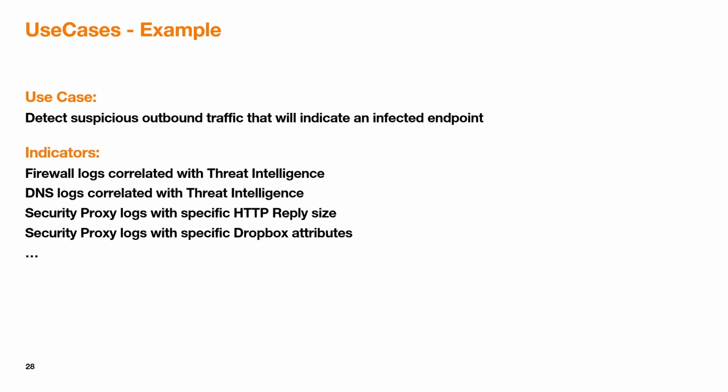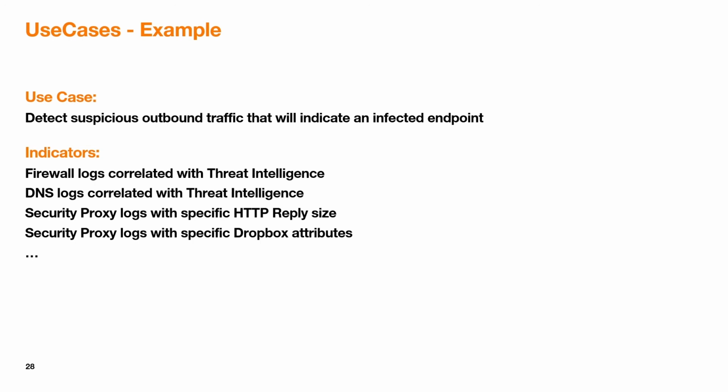And an example of a use case, the word use case is sometimes used in different ways. So the use case here in the example is detecting suspicious outbound traffic. And that can indicate an infected endpoint. So one indicator is the firewall log with threat intelligence.